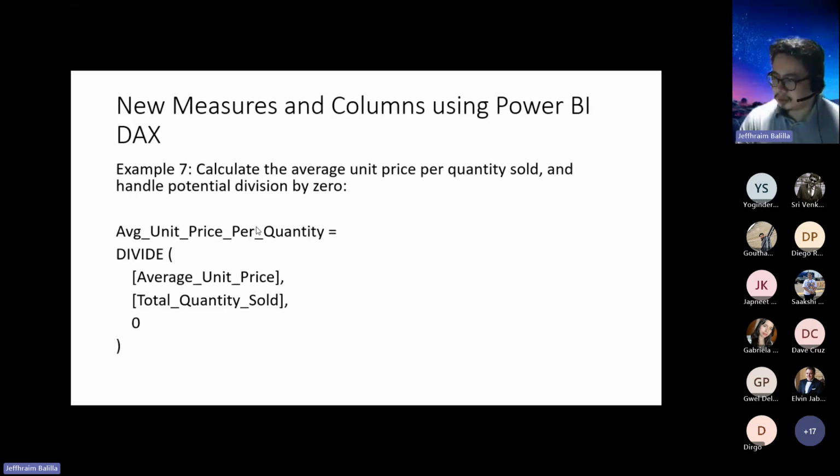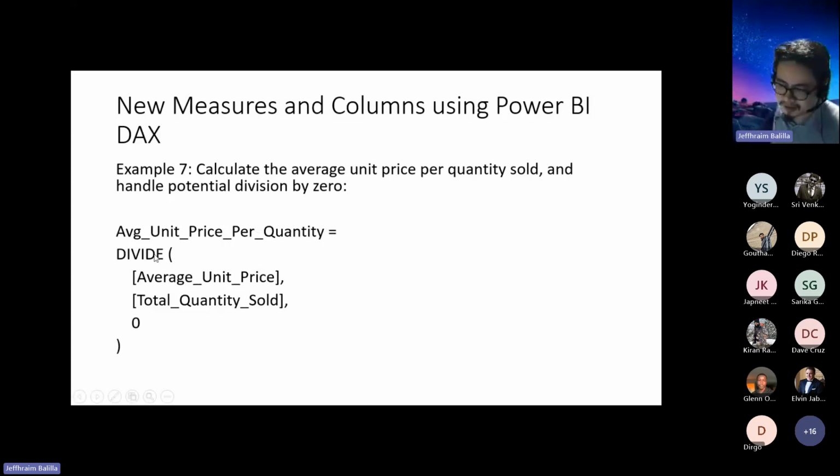Correct. You have to have this average unit price before you can get the quotient. So these are not actually columns, but actually measures. Good point, Jago. Thanks for pointing it out.